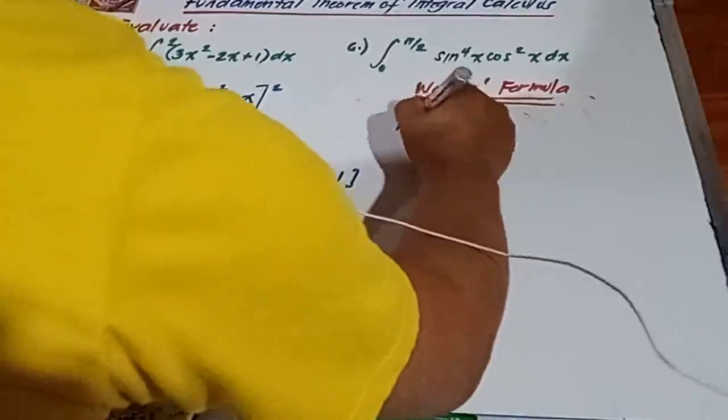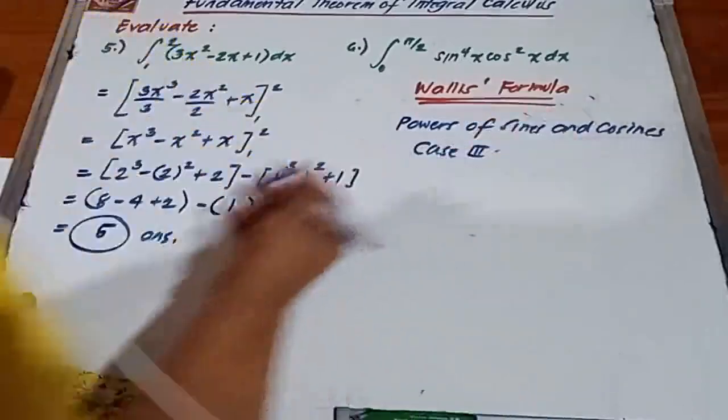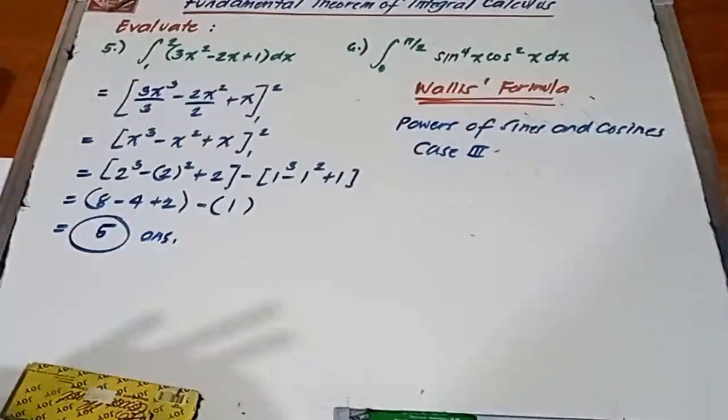Ang topic natin ay powers of sines and cosines. And these fall down dun sa ating case 3. Okay? So, ilalagay ko sa inyo kung paano natin masosolve yung example number 6 gamit yung powers of sines and cosines of the method of integration.